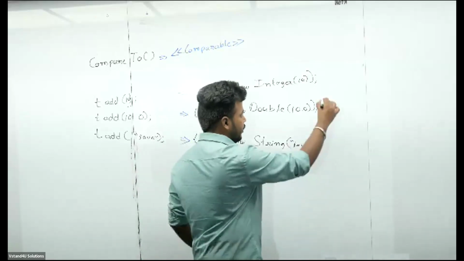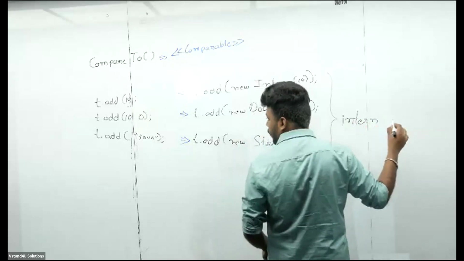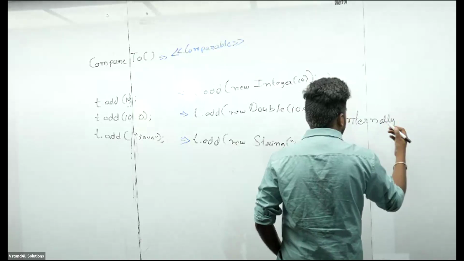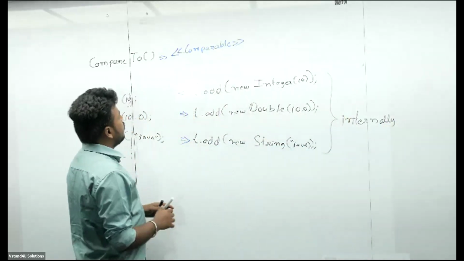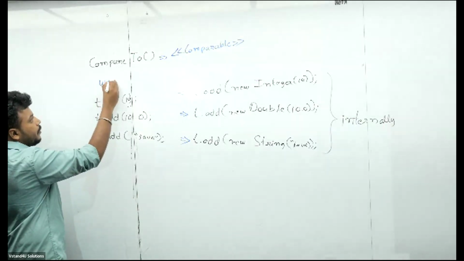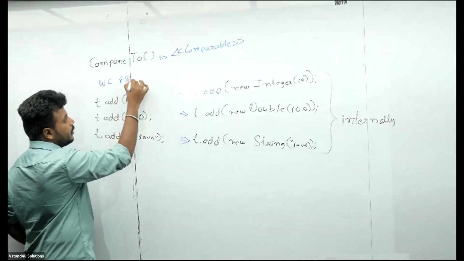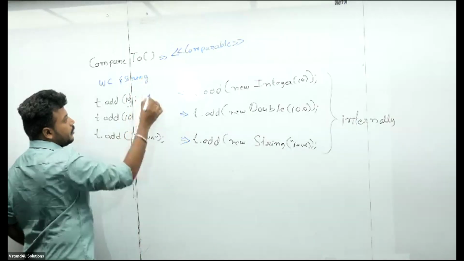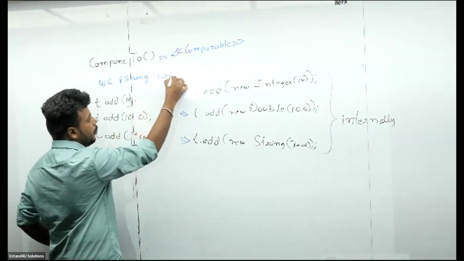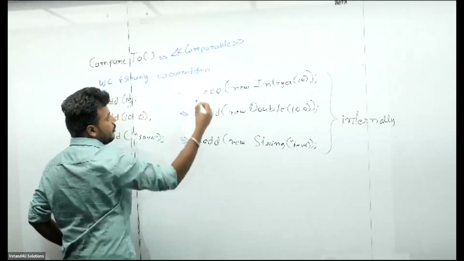This is how it works internally. What compareTo does is convert to the wrapper classes and the String class, and overriding happens.